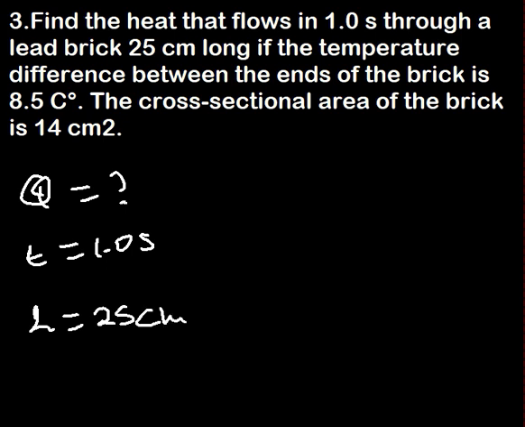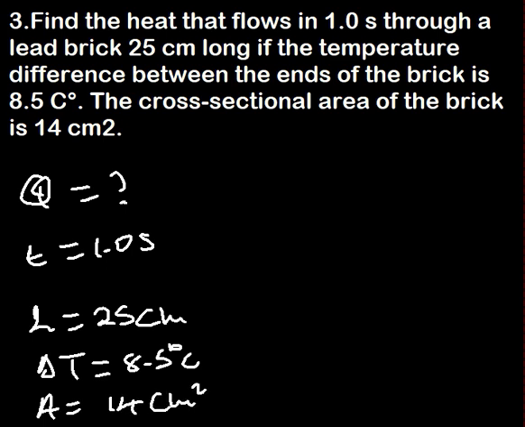Of course, it has to be in meters. The temperature difference, delta T, is 8.5 degrees Celsius. We have been given the cross-section area of the brick, which is 14 centimeter square. So the area has to be given in meter square, so you just have to convert that as well.